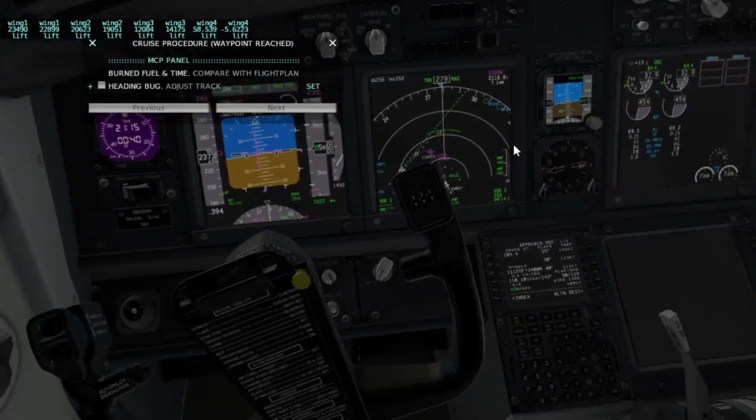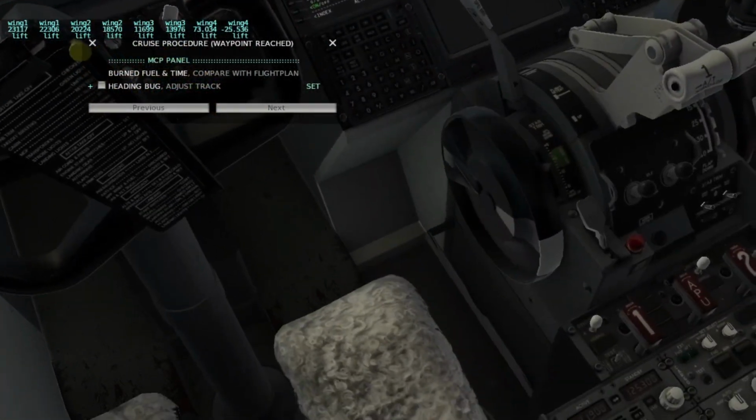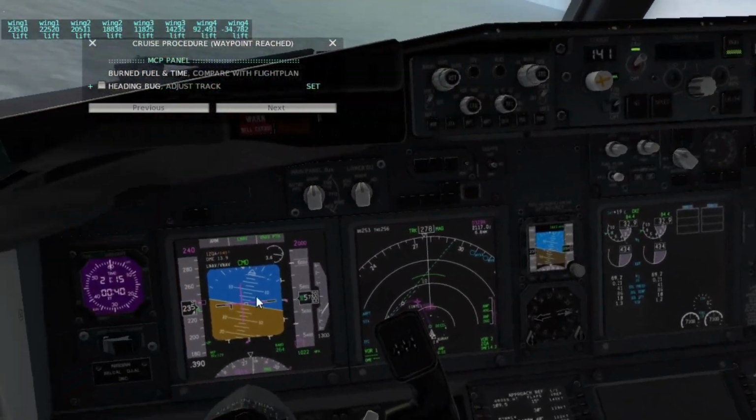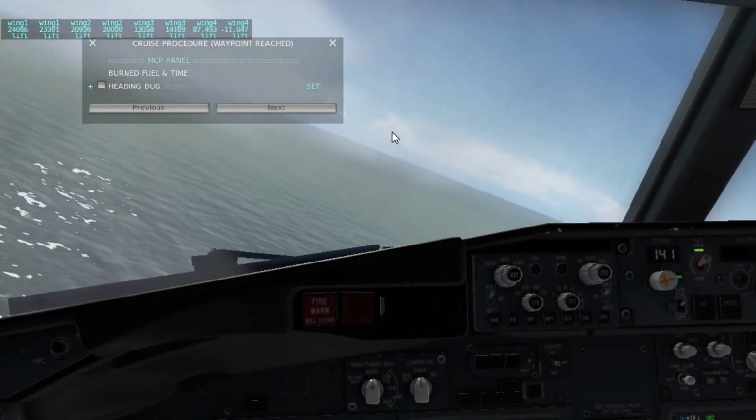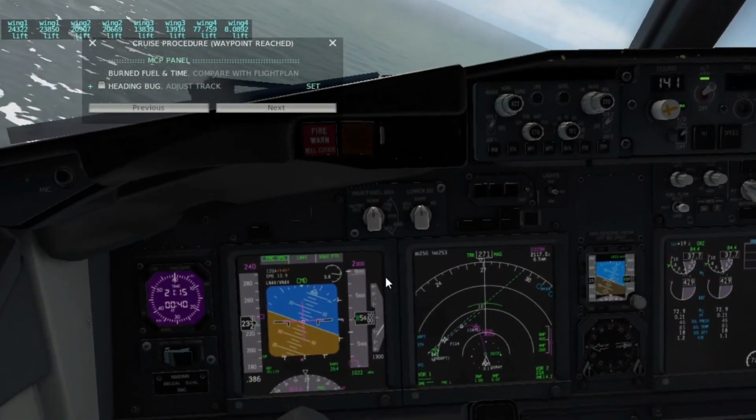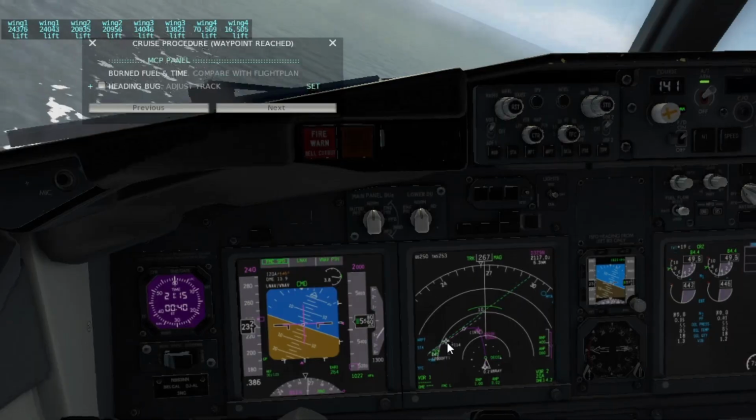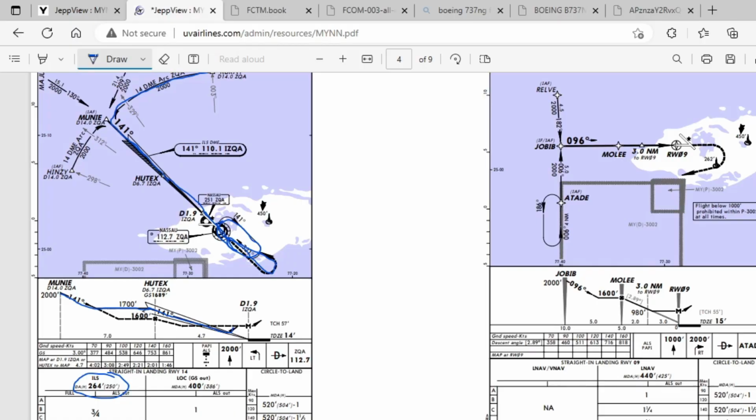And then once the missed approach comes, we just tune the radials for the missed approach, which I think on this approach is already set. Nothing too much I have to worry about. All right then, we'll see you guys on final approach.